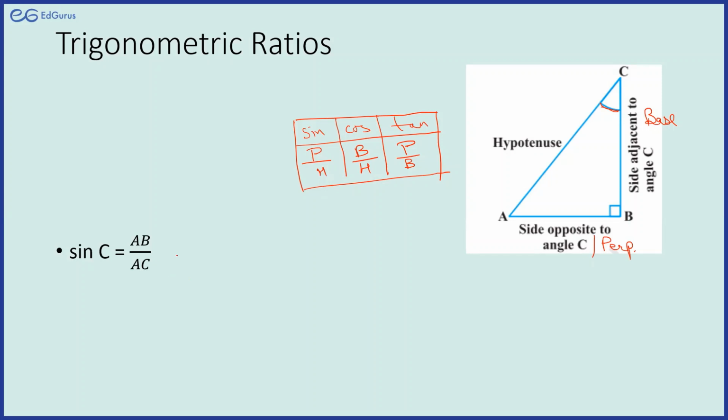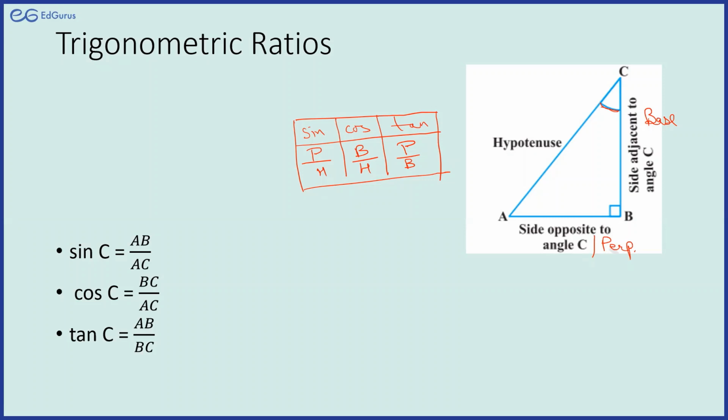Now what will be cosine C, cos C? Ma'am, cos C will be BC upon AC. Good. Cos C is BC upon AC. And tan C? Tan C will be AB upon BC.